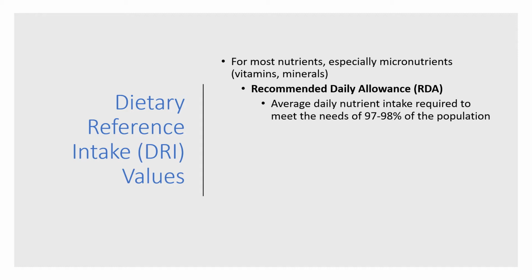So for vitamin C, for example, or vitamin D, or calcium or iron or magnesium, the RDA is to say, okay, roughly every person, or at least 97 to 98% of people, need at least this amount, which is the RDA, in order to maintain good health.